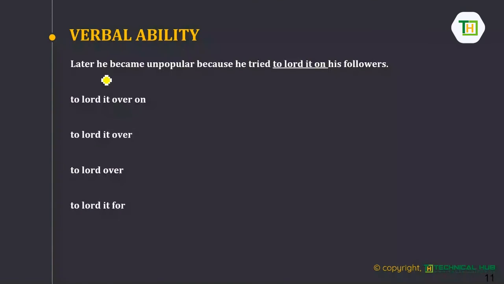Next one. Later, he became unpopular because he tried to laud it on his followers. Now, what do you mean by this? Here, the underlined phrase has got a mistake, and you have to change the phrase.